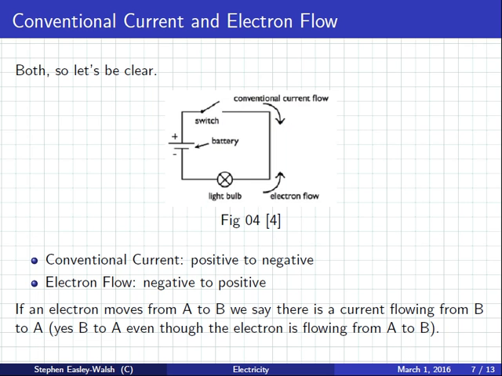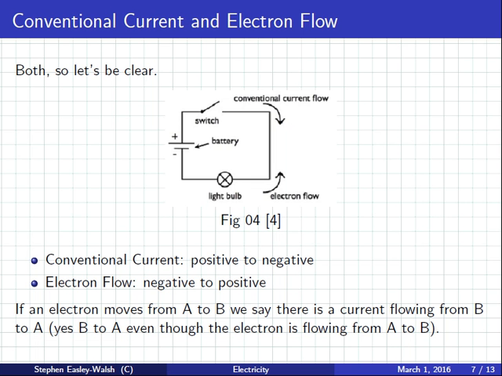If an electron moves from me to you, I can say the electron flows from me to you, or there's a current from you to me. The same meaning. I specifically never specified positive or negative. Now, there's a reason for all this bad English, which is coming up now.